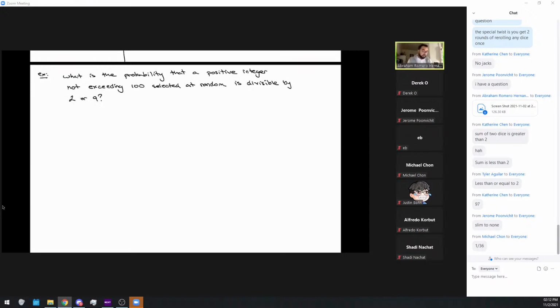What is the probability that a positive integer not exceeding 100 selected at random is divisible by 2 or 9?